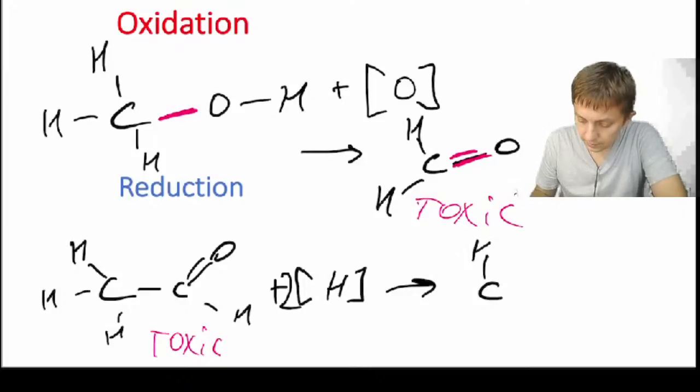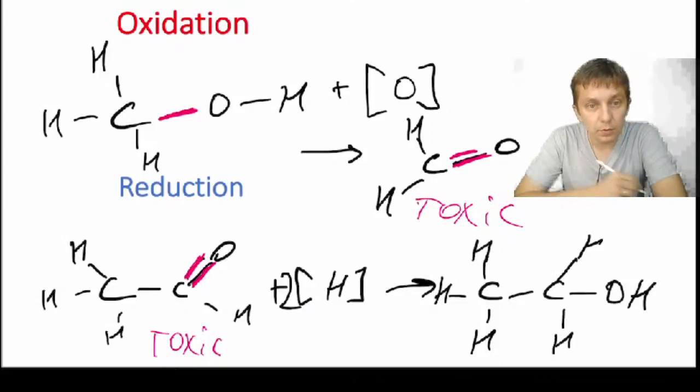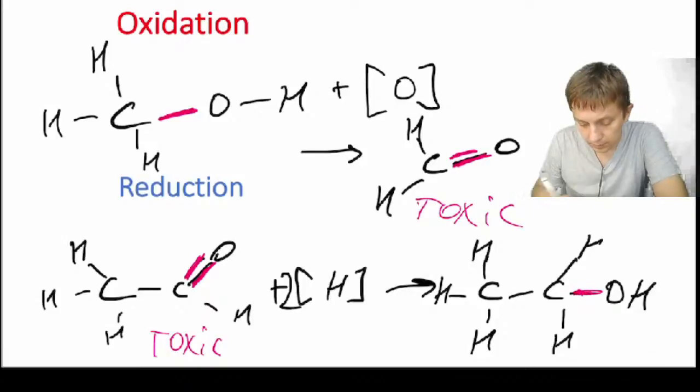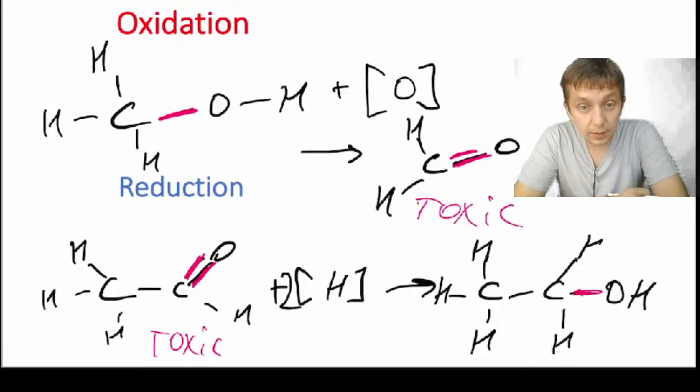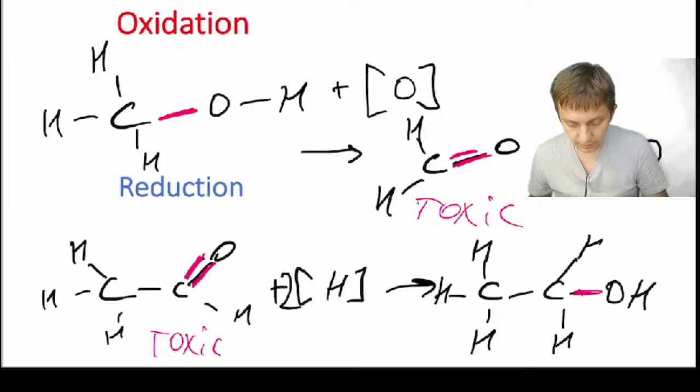We produce ethanol. So before the reaction we have 2 C-O bonds, and after the reaction we have only 1 C-O bond. So oxidation for organic compounds is when the number of carbon-oxygen bonds increases, and reduction is when the number of carbon-oxygen bonds decreases. So I think it's simple.